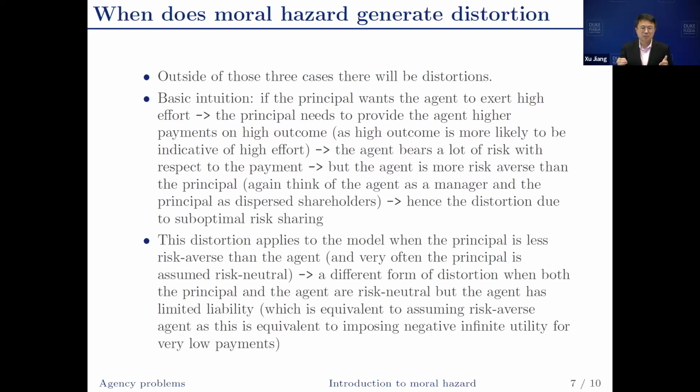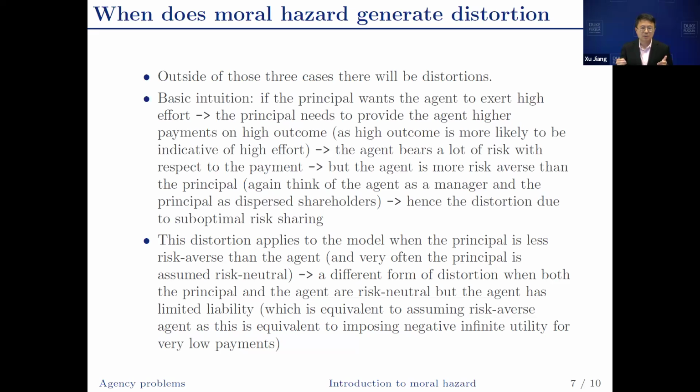That means the principal should pay the agent a fixed wage. But if paying the agent a fixed wage, then the agent is not going to exert effort, because exerting effort is costly and you get the same payment. So this is the distortion due to suboptimal risk sharing that we're talking about.